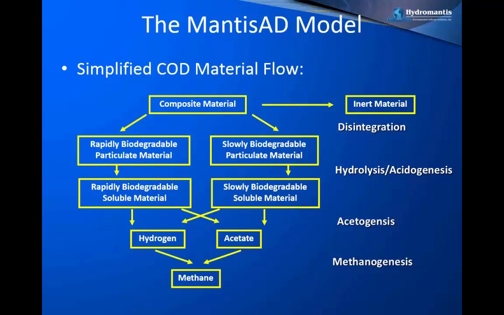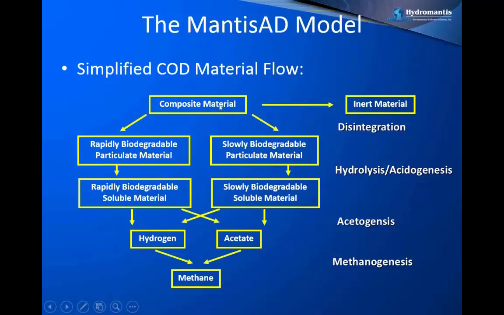So in this particular case, the composite material, which is basically the biomass, the particulate inerts, and slowly biodegradable material, all those materials are classified into two different categories. One is a rapidly biodegradable material, another one is a slowly biodegradable particulate material.